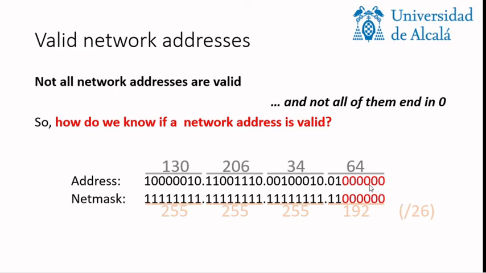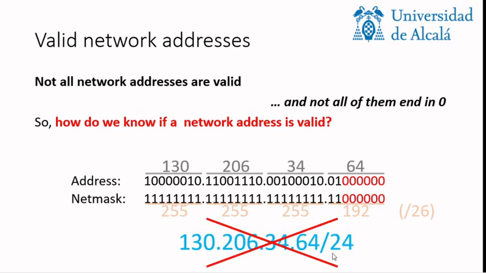Hence, if we have a mask /26, this network address is valid. We have as many zeros in the mask as in the network.